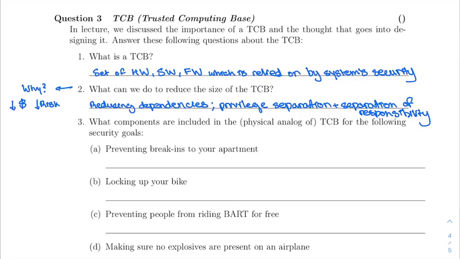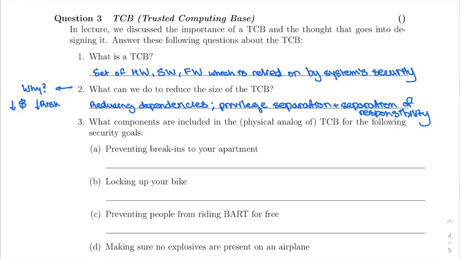So the idea here is that by separating your responsibility into smaller chunks, you have more components that in aggregate reflect that original privilege, but not all of them can break your security goals if they break, right?